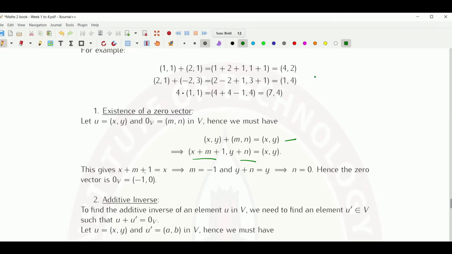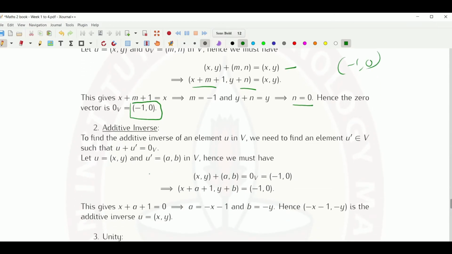So x plus m plus 1 is equal to x, and hence m is equal to minus 1, and y plus n is equal to y, so n is equal to 0. (minus 1, 0) will be the zero vector for this. Minus 1 cancels, and 0 will give y, so it is the zero vector.